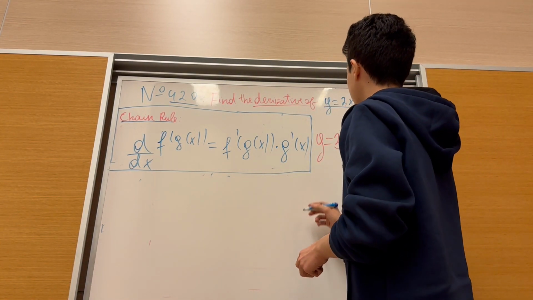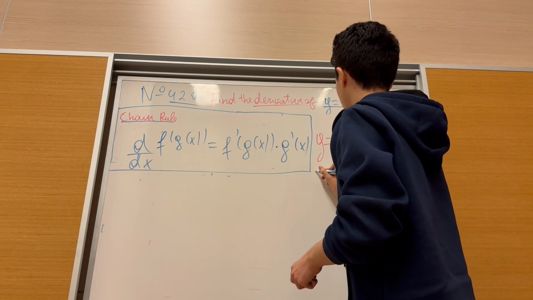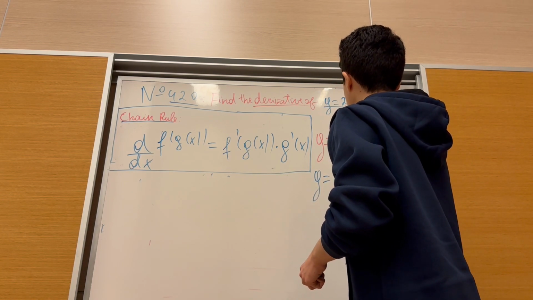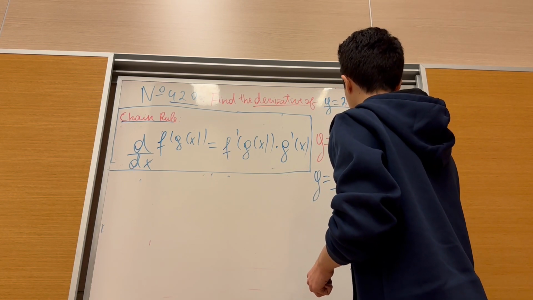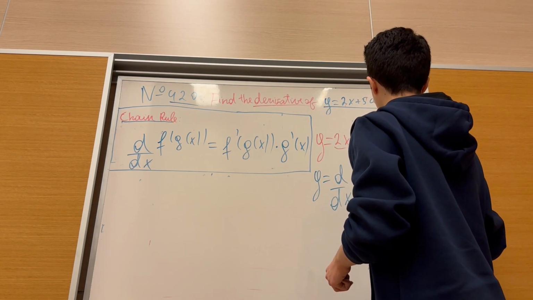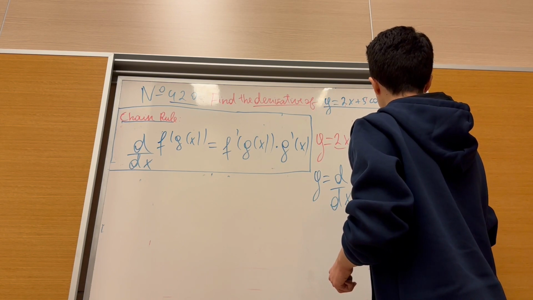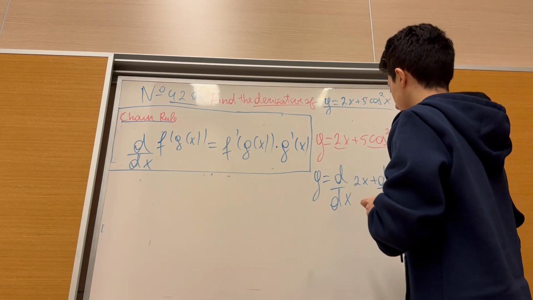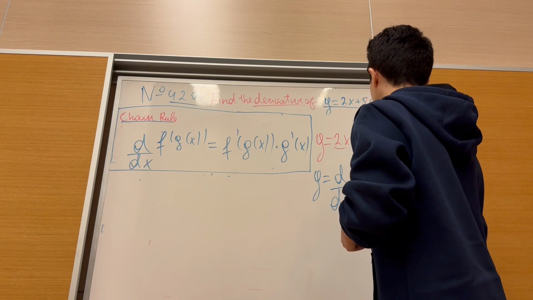And this is the sum rule. Let's apply it: y' equals d/dx of 2x plus d/dx of 5 cosine squared x. Excellent. Now let's find them separately.